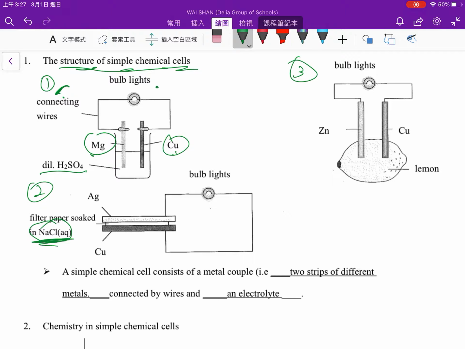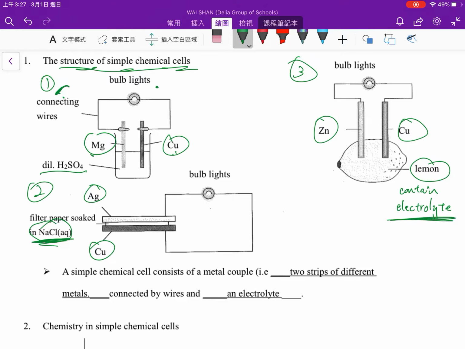This one is an ionic compound, and solution of ionic compound. That's why it contains mobile ion and it can conduct electricity. Two different metals, and lemon. It also contains electrolyte.